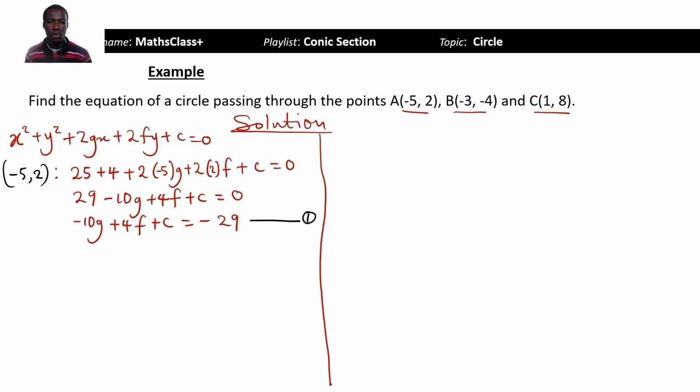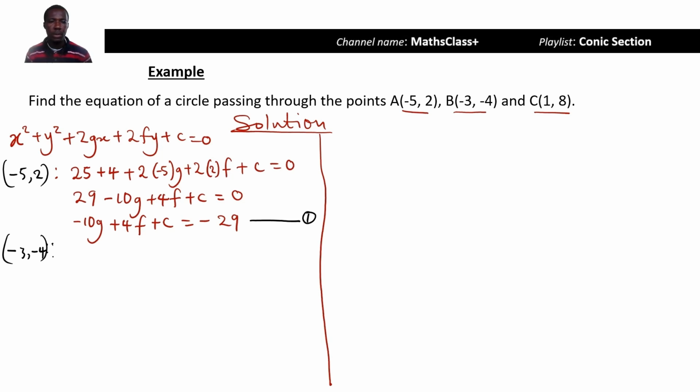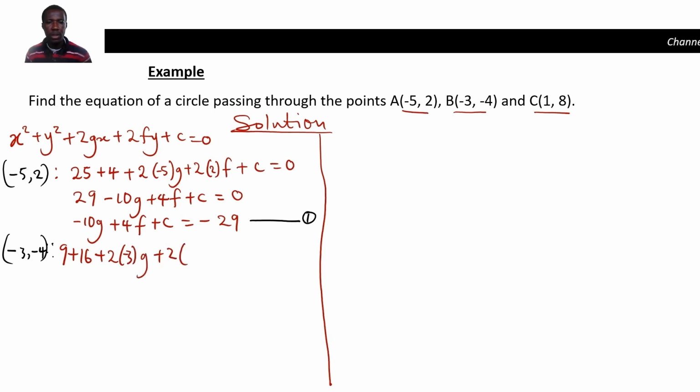Then we also substitute the point negative 3, negative 4. So negative 3 squared will give us 9, negative 4 squared will give us 16, plus 2 times negative 3g plus 2 times negative 4f plus c is equal to 0.